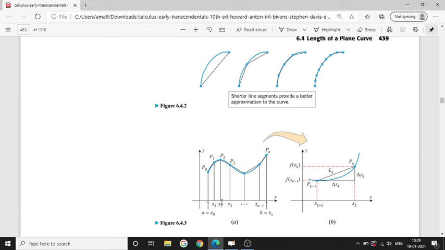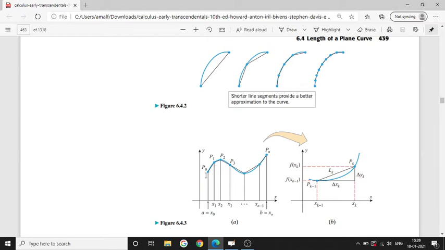So what we do is we'll divide the given interval ab into n subintervals. Corresponding to the subintervals, you will get the endpoints x0, x1, x2, x3, etc., xn. Now let me take f of x0 as a point p0, f of x1 as point p1, f of x2 is p2, f of x3 is p3, so on, f of xn is pn.